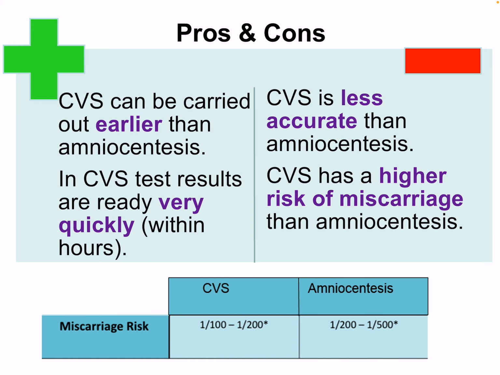So this final slide here just summarises the pros and cons of chorionic villus sampling and amniocentesis. Pros for CVS are that it can be carried out earlier in pregnancy than amniocentesis, and the results are ready much more quickly. However, CVS is less accurate than amniocentesis, and it also carries a higher risk of miscarriage than amniocentesis.